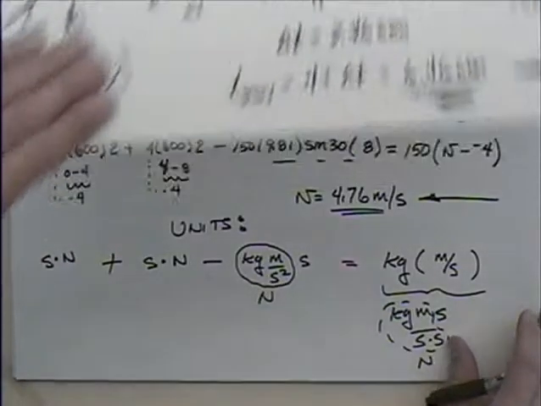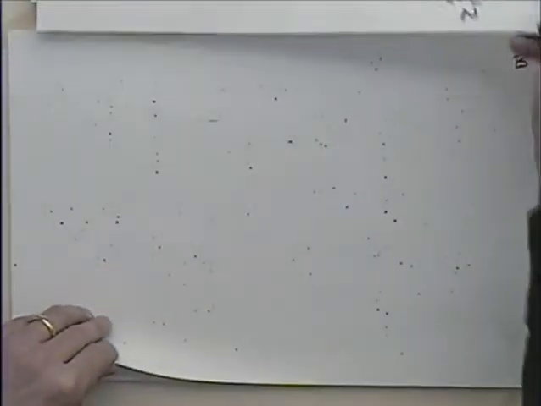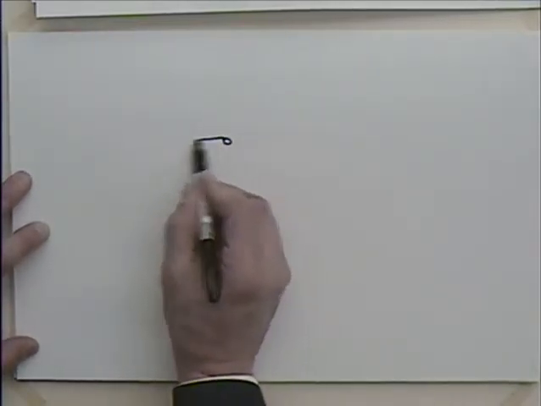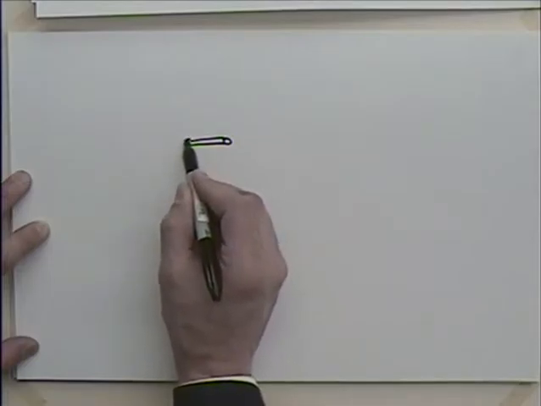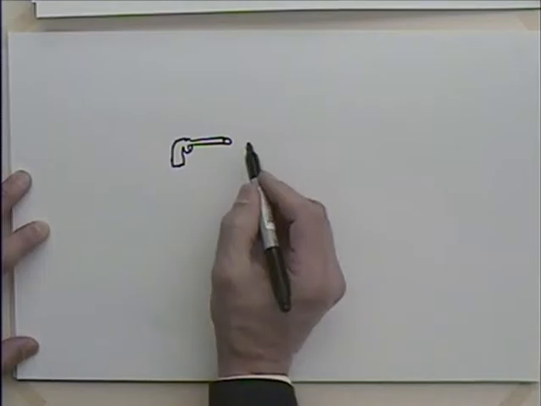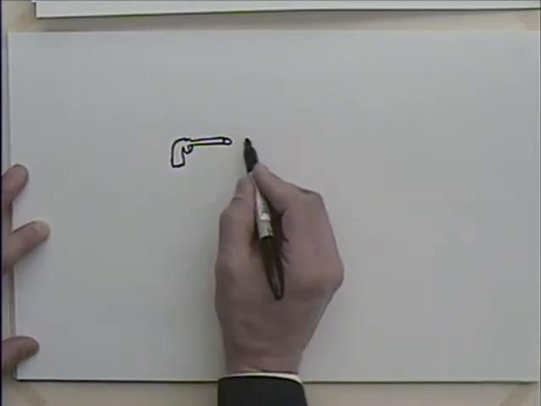We haven't done a conservation of momentum problem yet. We can look, of course, a very classic one is you have something firing something. So we've got the, draw a quick picture of a gun here. Kind of a rough model.